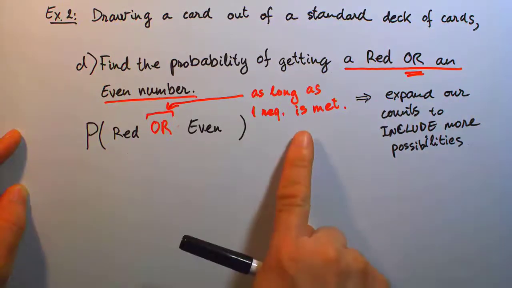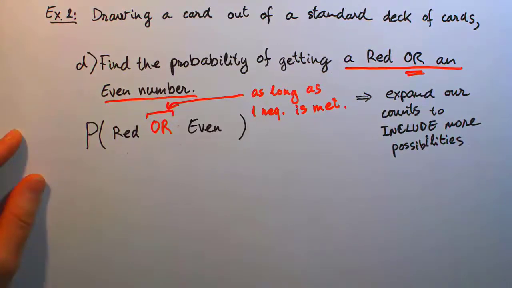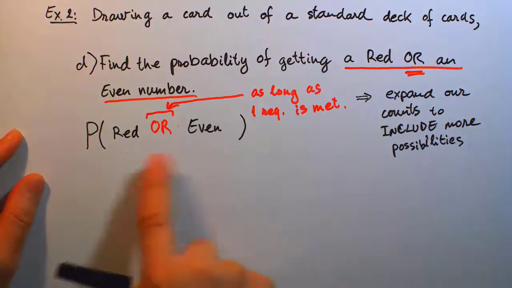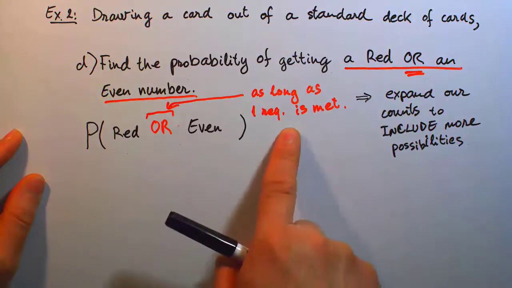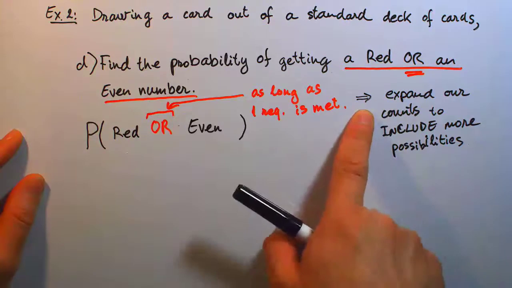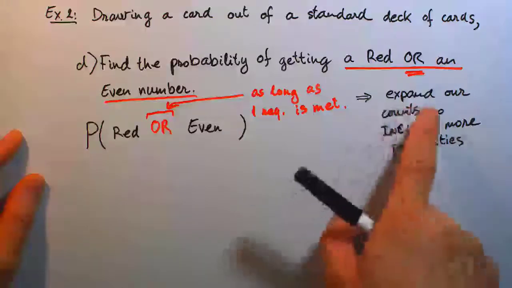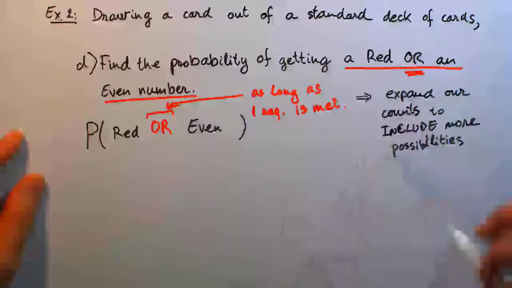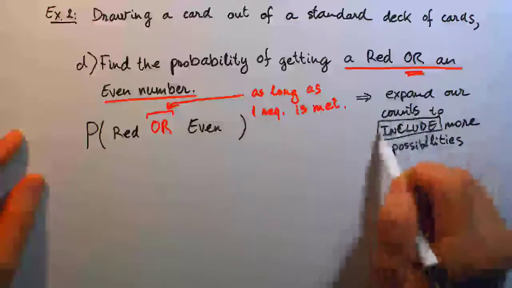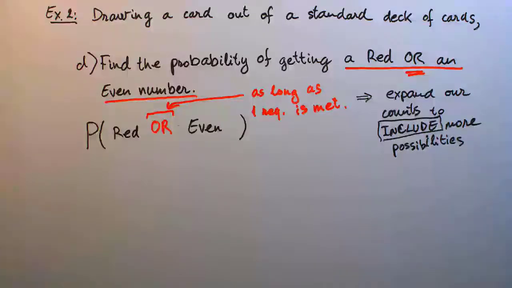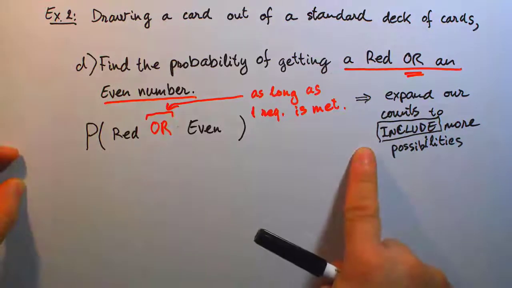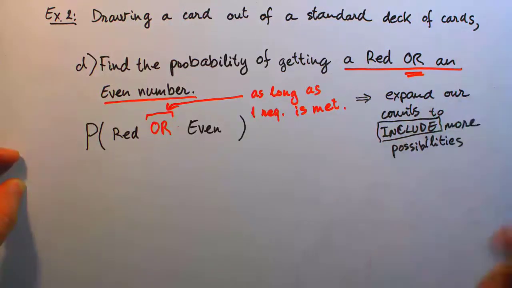When you explain to somebody that as long as you see an outcome that meets one of the requirements, the person listening can understand that this means we're expanding our count to include more possibilities. And including more possibilities, the famous mathematical operation means we're going to be adding, because we're including more. We put more in, so we're adding more in.